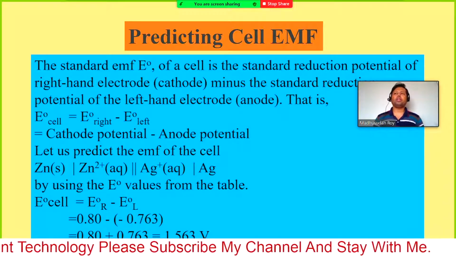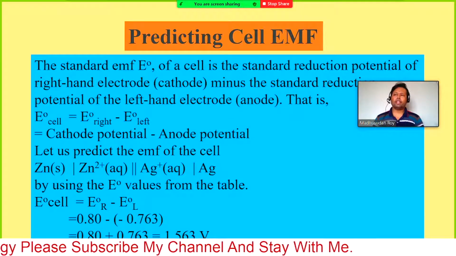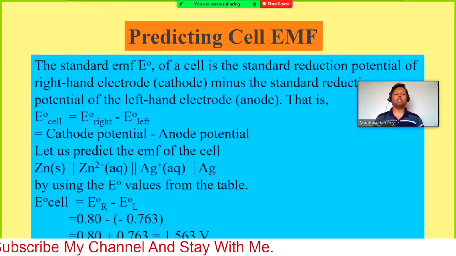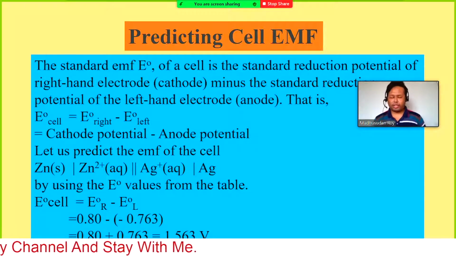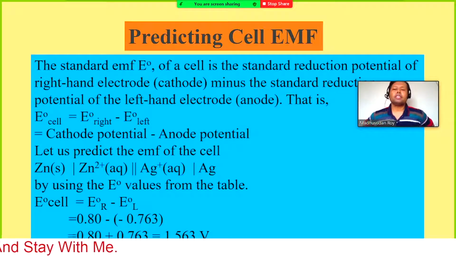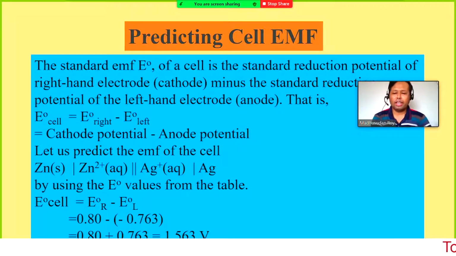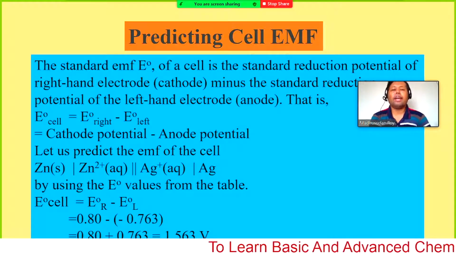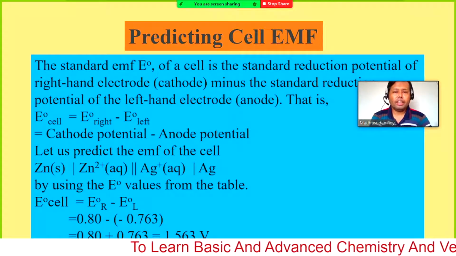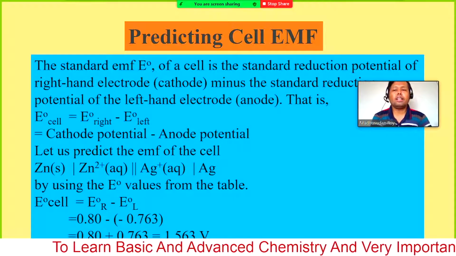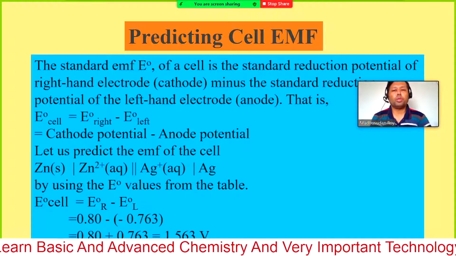Depending on which side we use the hydrogen electrode, we will get some potential for the unknown electrode. We will prepare a cell out of the hydrogen electrode and the unknown electrode, and then measure the EMF of the cell using a voltmeter.